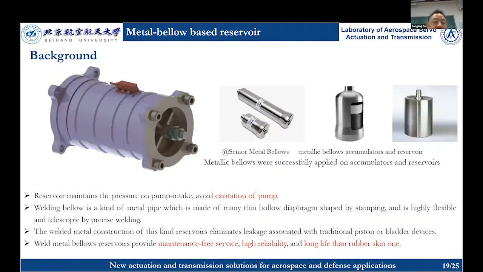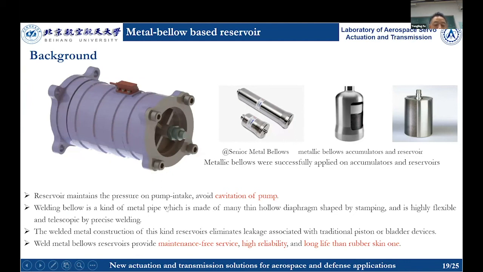And in IeCAT, we find another component is also very important, a reservoir, like this. The reservoir maintains the pressure on the pump intake and avoids cavitation of the pump. We developed this kind of welded bellows one. It is a kind of metal pipe made of many thin hollow diaphragms shaped by stamping, and is highly flexible and telescopic by precise welding.